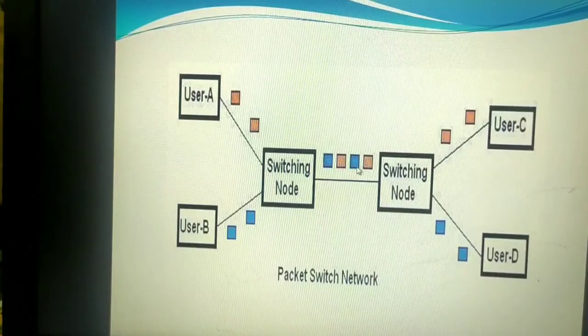Depending on the destination address, this switching office will forward the correct packet. Maybe here the second packet is the first to reach, here might be the first packet. Correct destination packets are being forwarded.